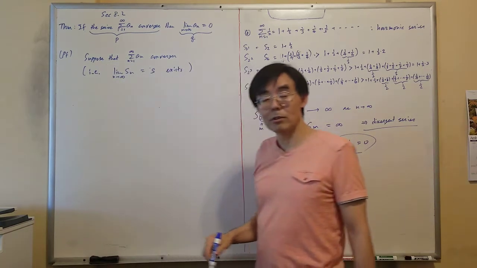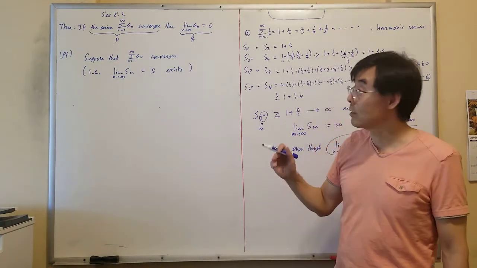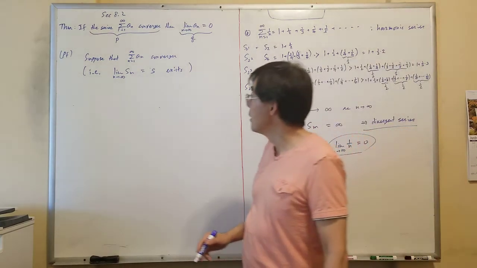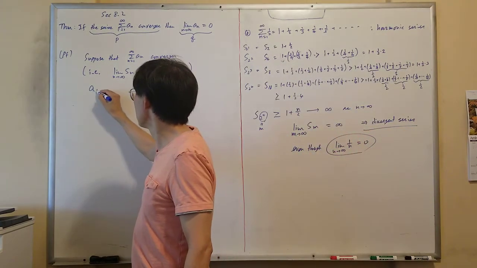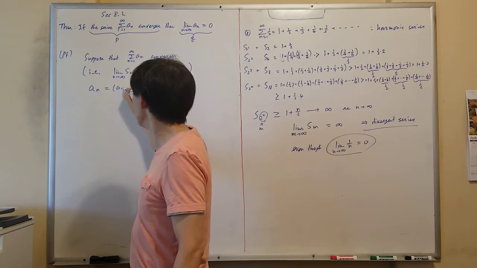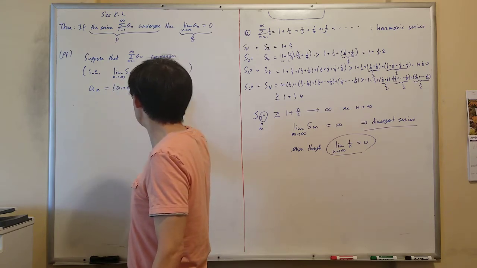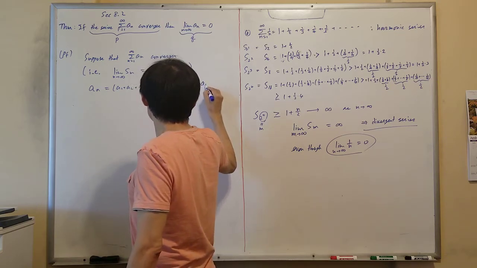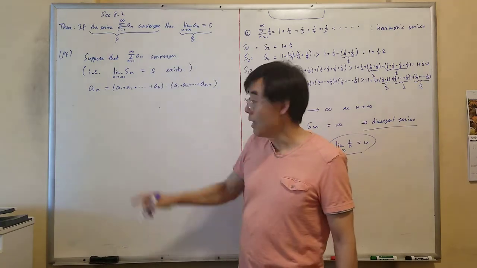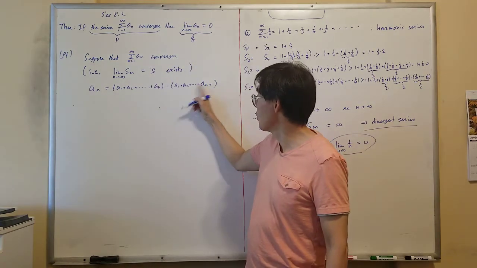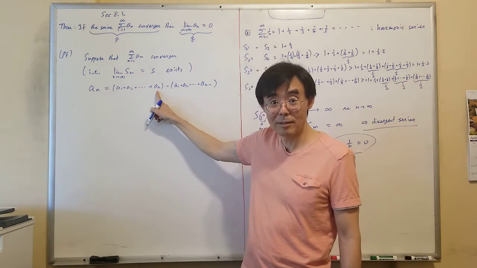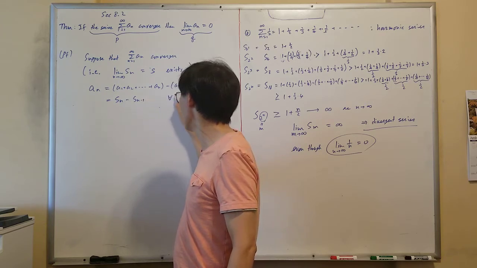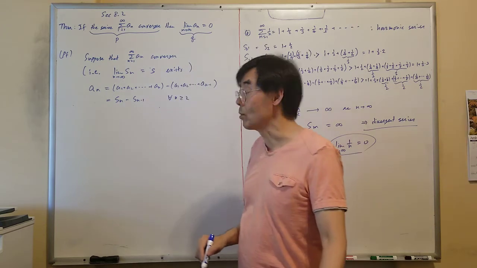The limit of the partial sum sequence, the limit of the running total exists. And I'm going to call it S. Okay? That's our assumption. Now, isn't it obvious? A1 through An minus A1 through An minus 1, all cancel, a_n is remaining, right? Which means this is S_n minus S_{n-1} for all n greater than or equal to 2.